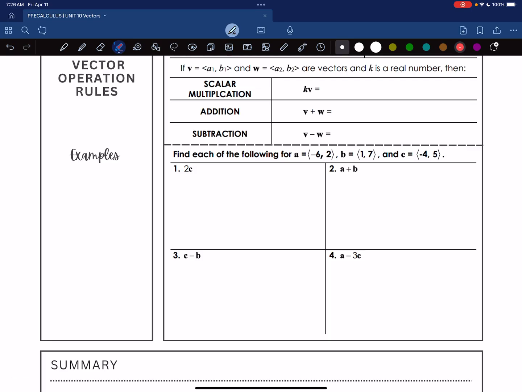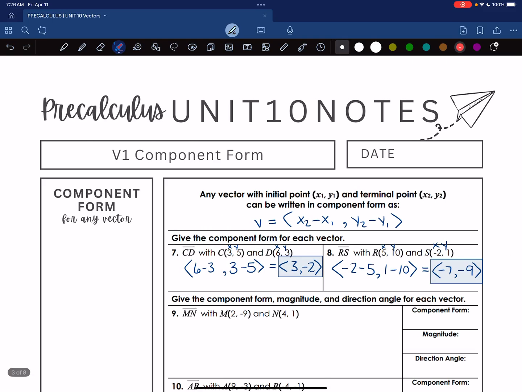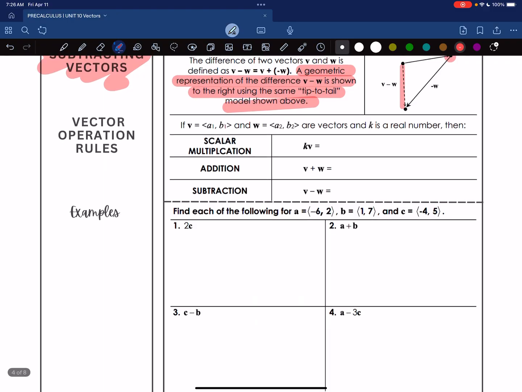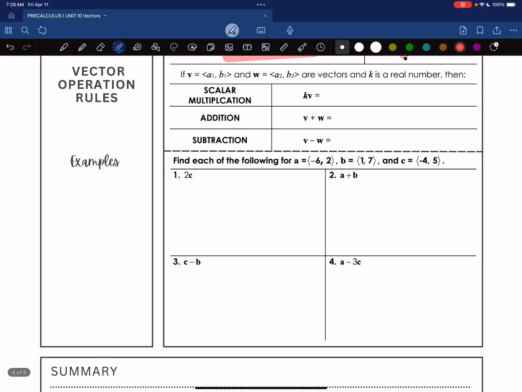And now what I want to show you is the symbolic representation. So if you have your vectors in that component form like we saw in our previous lesson, then if you're multiplying them by a scalar, what you will have is the following.